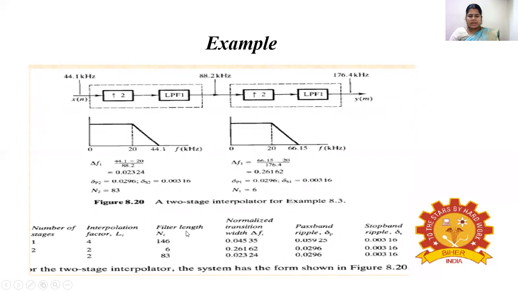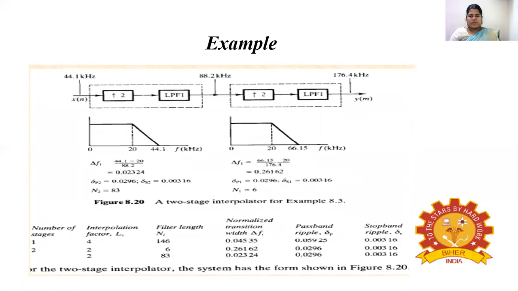In that case the filter length will be 146, the normalized transition width delta F is 0.04535, and the passband and stopband values are 0.03925 and 0.00313.